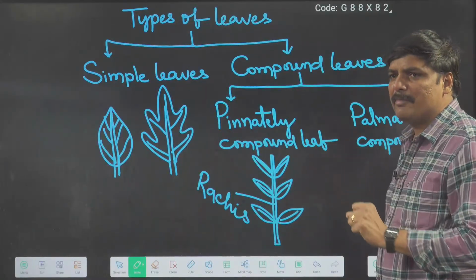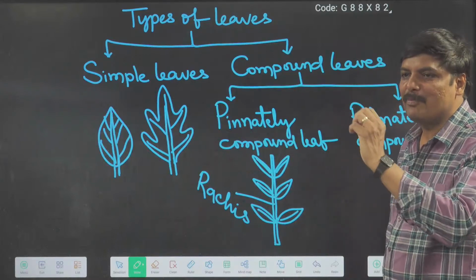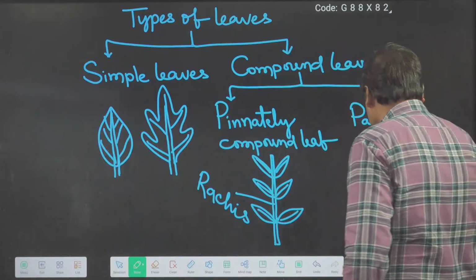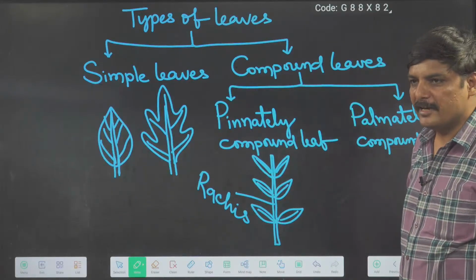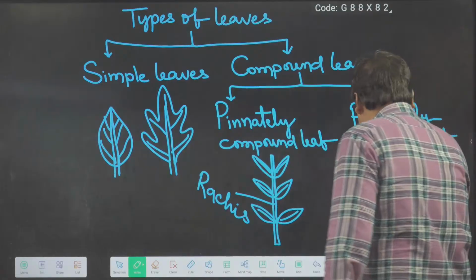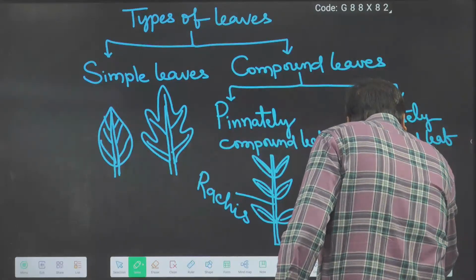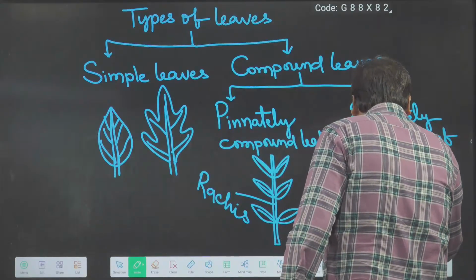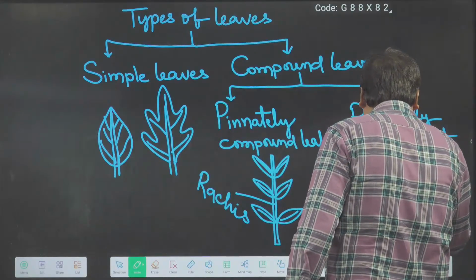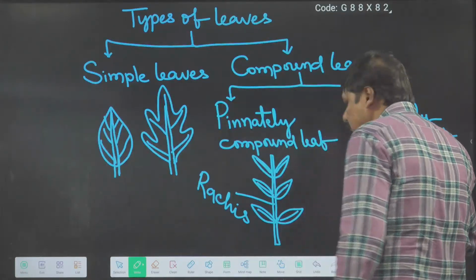Then what is a palmately compound leaf? Simple. In a palmately compound leaf, there is no rachis. There is a petiole. At the tip of the petiole, leaflets are attached like the fingers of the palm.